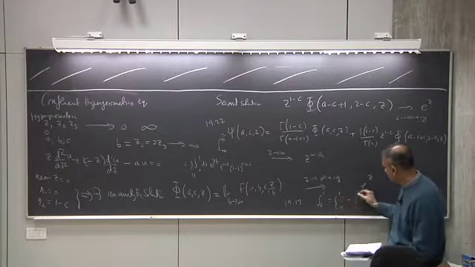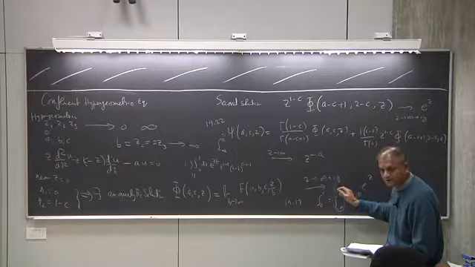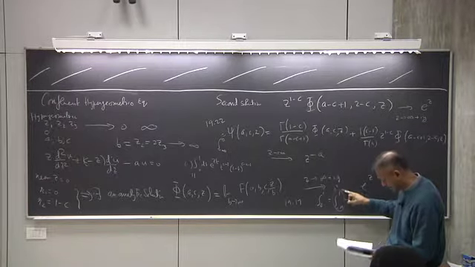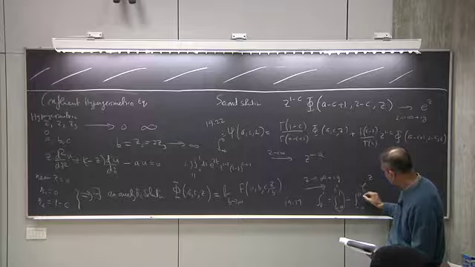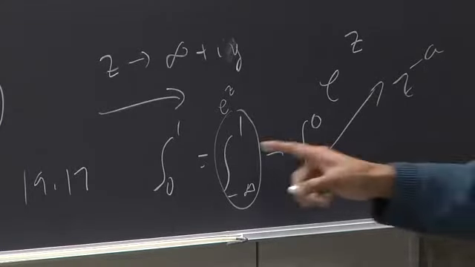And then we saw that whereas this one went like e to the z, this one only had a power behavior. It was only going like z to the minus a. These two integrals split.